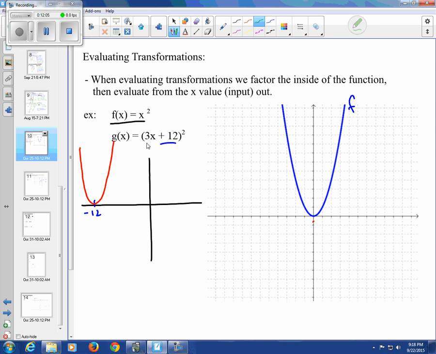Now we're looking at the multiplication of 3 inside the function, and that's going to be a horizontal shrink for every value around the y-axis. So basically what we're seeing is this function pulled towards the origin, right?